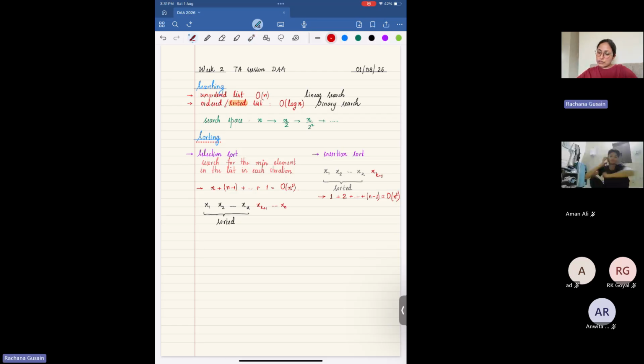You have the input list x1 to xn. You have these two algorithms. One is doing the selection sort. Another algorithm is based on insertion sort. My question is, in the middle of all the iterations, let's say after k iterations, selection sort will give you a list where the first k elements are sorted. Insertion sort will also give you a list where the first k elements are sorted. Are these elements the same or are they different?